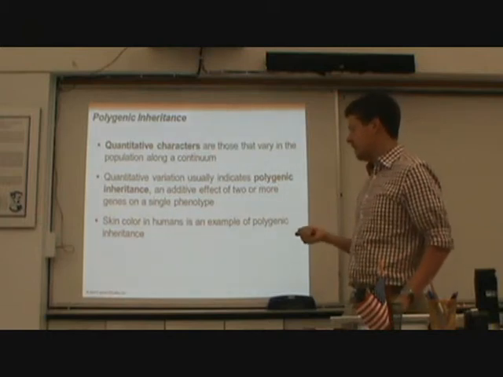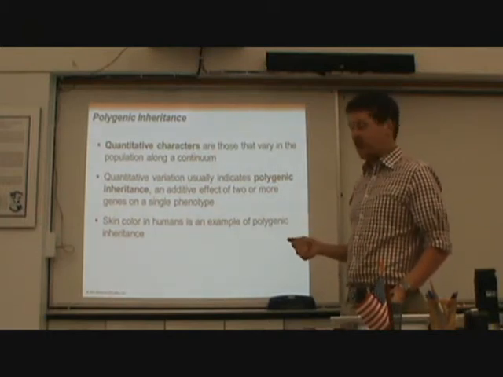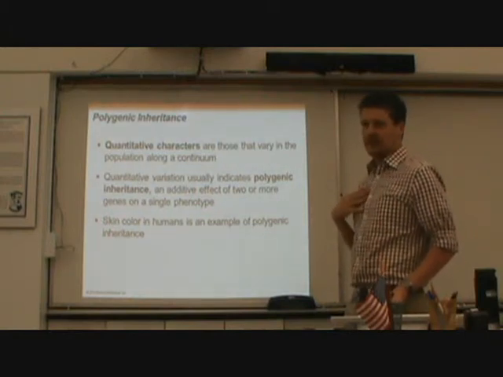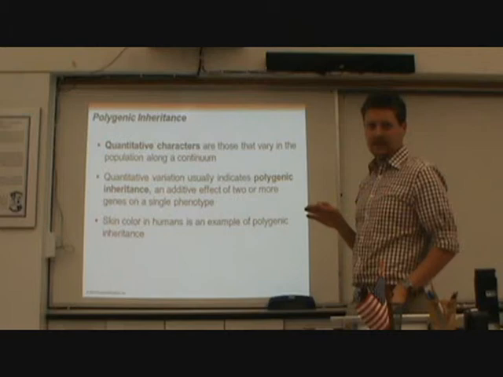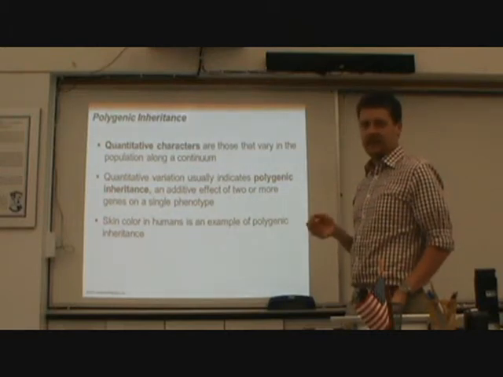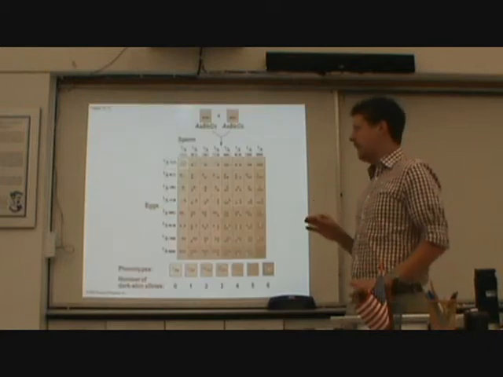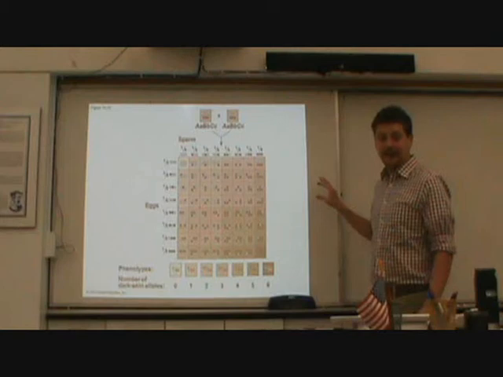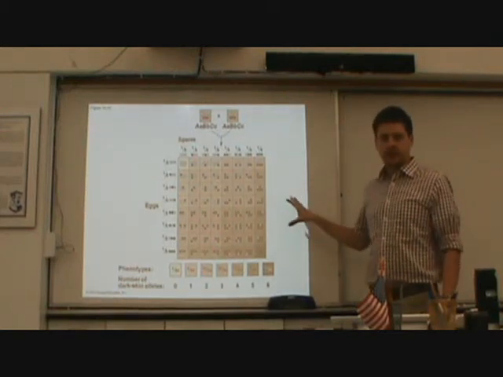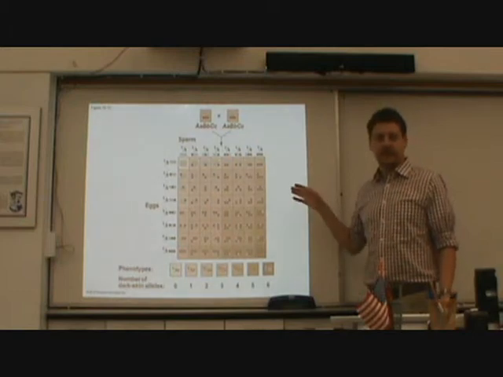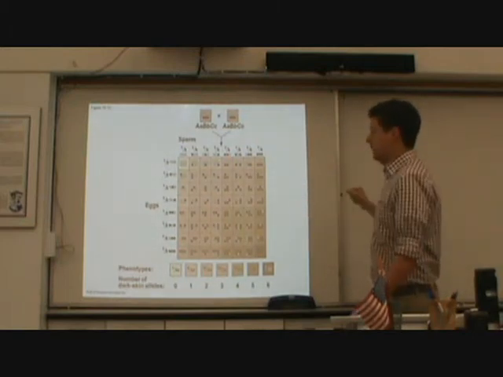And skin color is thought to be an example of this type of polygenic inheritance. As far as I know, the exact mechanisms of the genetic inheritance of skin color are not completely known, but this is probably a simplified version of that. It's probably more complex than this, but this is kind of a simplified example of how this might work.